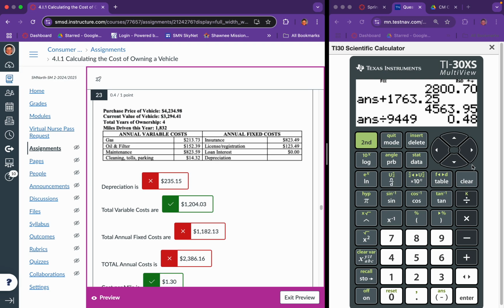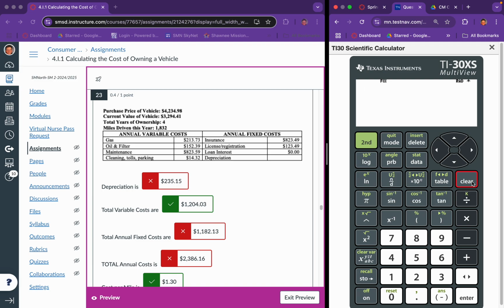So let's go back and look at depreciation. Go back and hit clear. So we should have 4,234.98 minus 3,294.41. Yep. And then we're supposed to divide it by 4. Oh, I was a penny off.